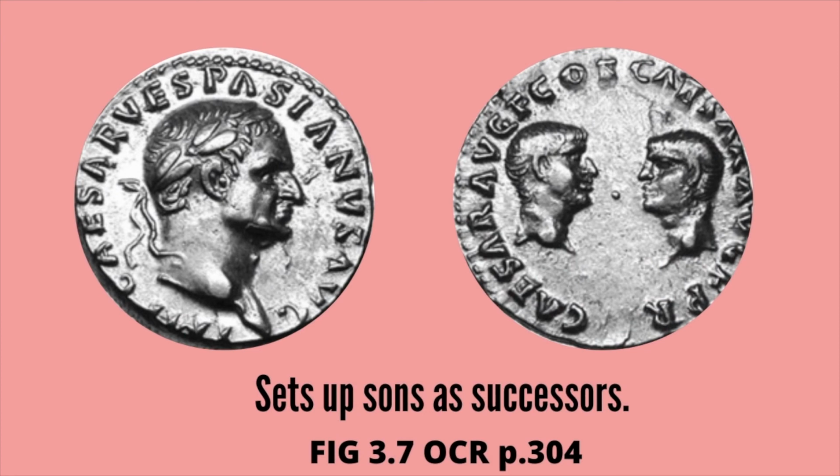So by setting up his sons as his successors, he was presenting to the Roman people a ready-made dynasty, and as such, stability for the foreseeable future. An example of this kind of presenting himself with his sons can be seen in the coin in figure 3.7 in the OCR curriculum.